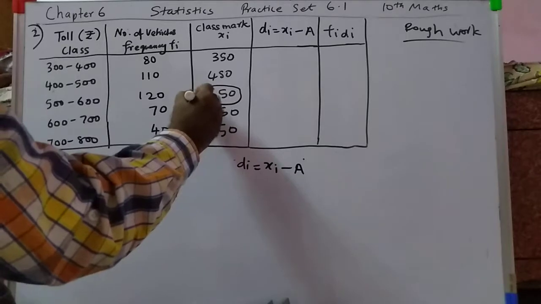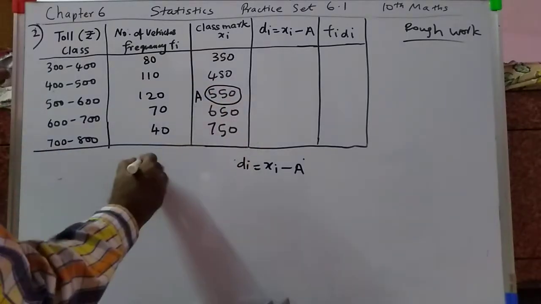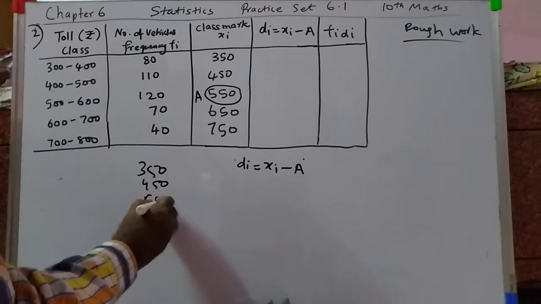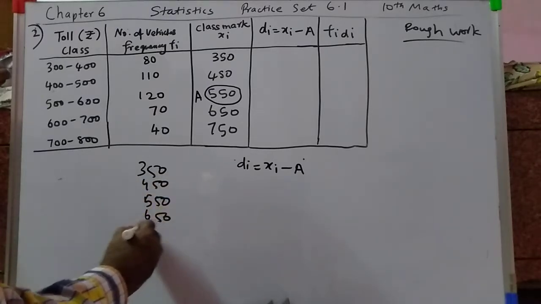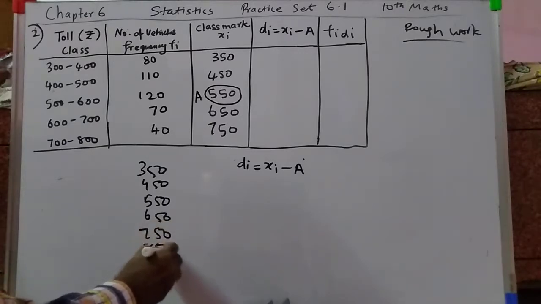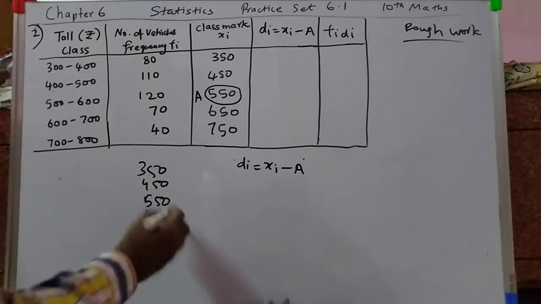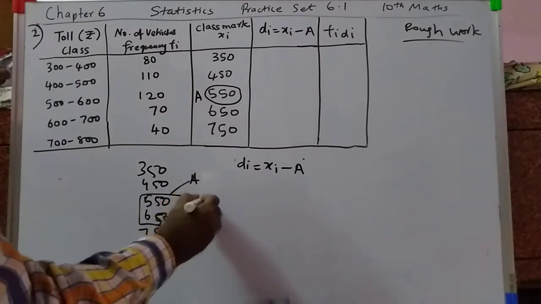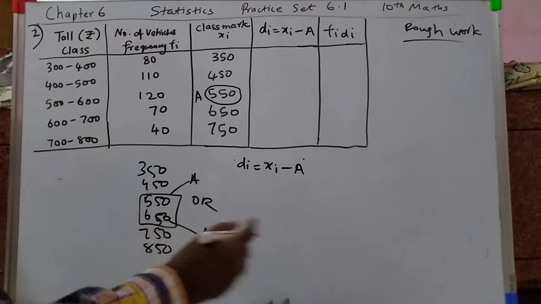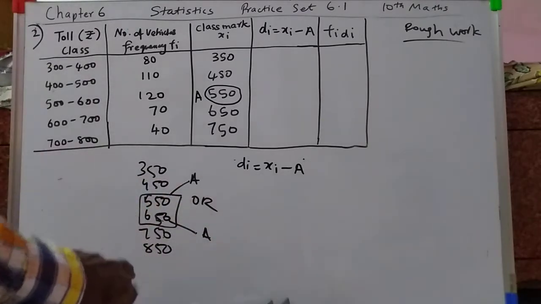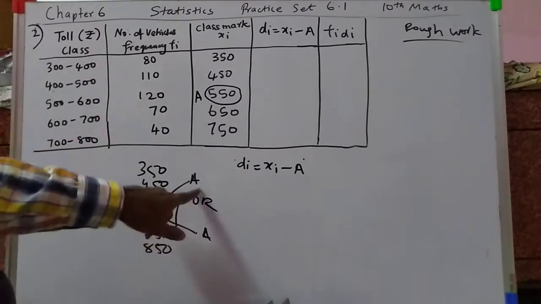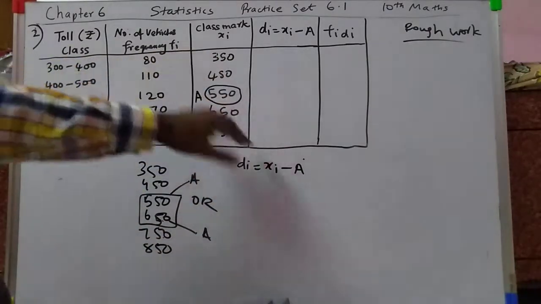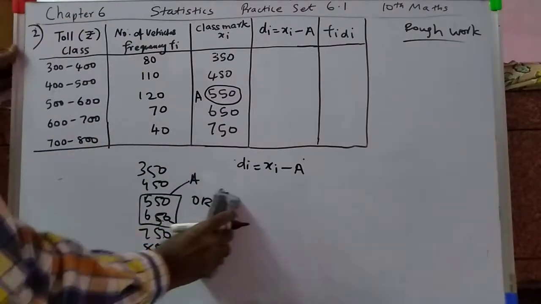This is A. But if there are more numbers like 350, 450, 550, 650, 750, 850, 1, 2, 3, 4, 5, 6 is there, so you can take this as A, or this as A. It's okay, no problem. But here 1, 2, 3, 4, 5, the middle one we will take as A. I will solve it, okay.